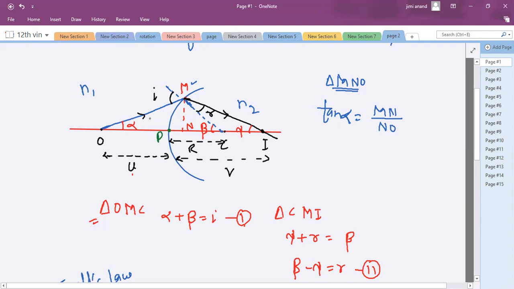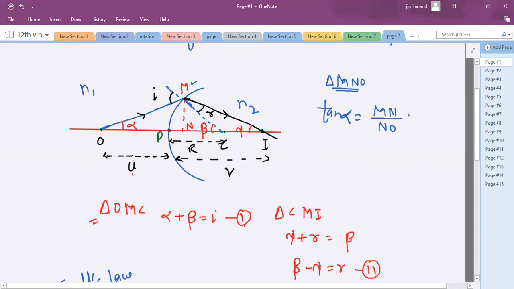If alpha is very small, this light ray will be very near to the principal axis. If the light ray is very near to the principal axis, automatically alpha will be small, and N will coincide with P. So N and P will be just the same point, approximately.